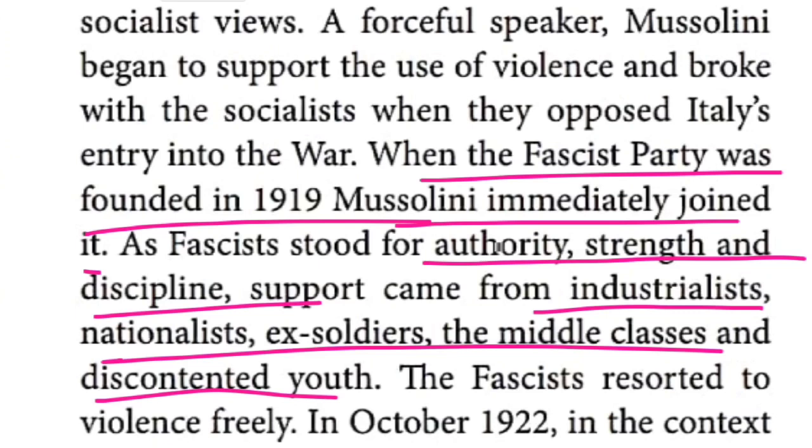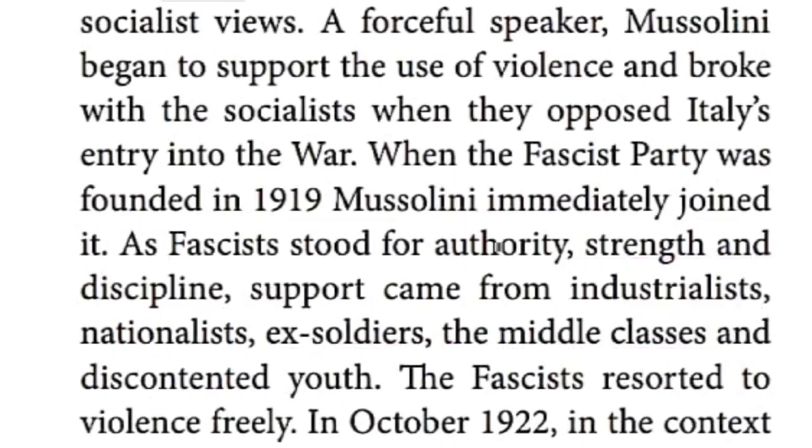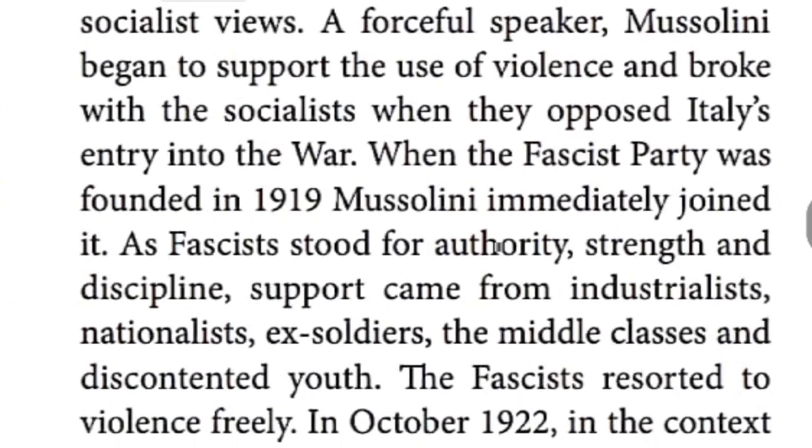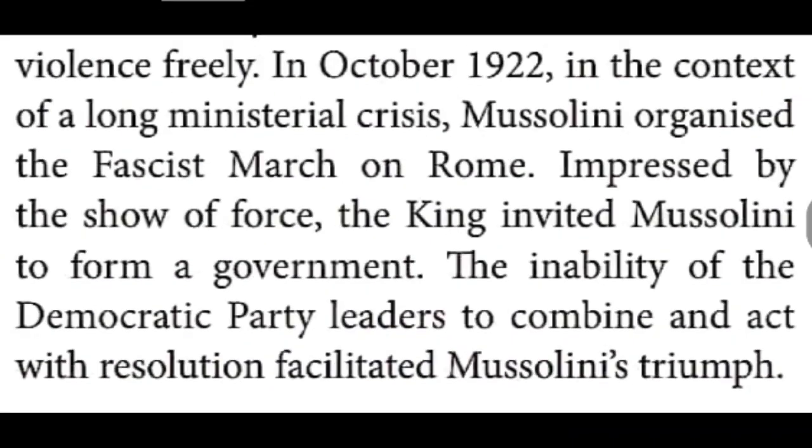The Fascist Party resorted to violence freely. They conducted violence in Italy. In October 1922, Mussolini and his followers led a march.